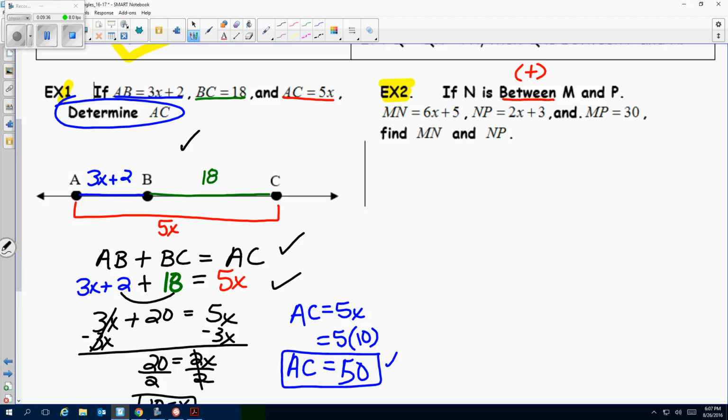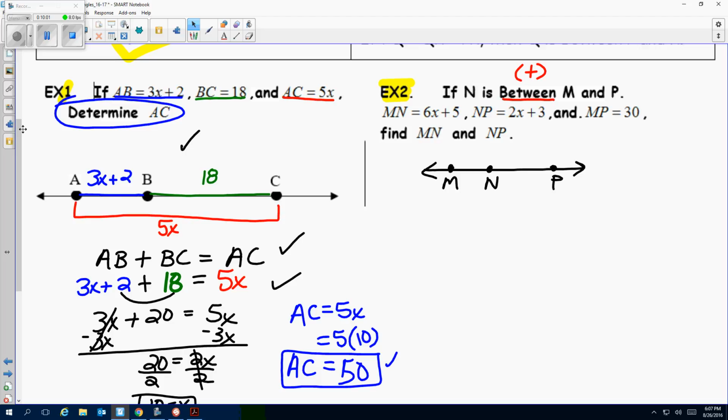So I need to draw an example of N between M and P. I'm going to add the endpoints M and P, and put N between them. It doesn't have to be in the middle, because between doesn't necessarily mean middle. It just needs to come after M and before P.